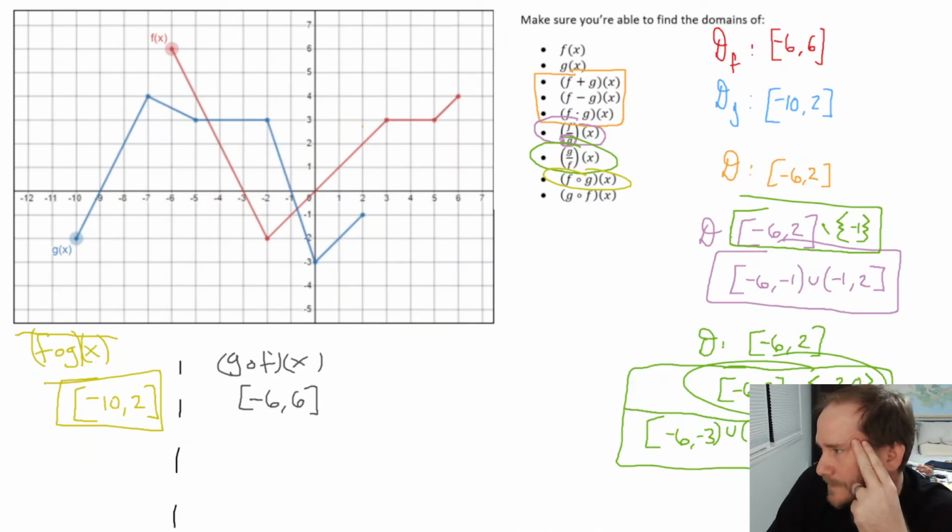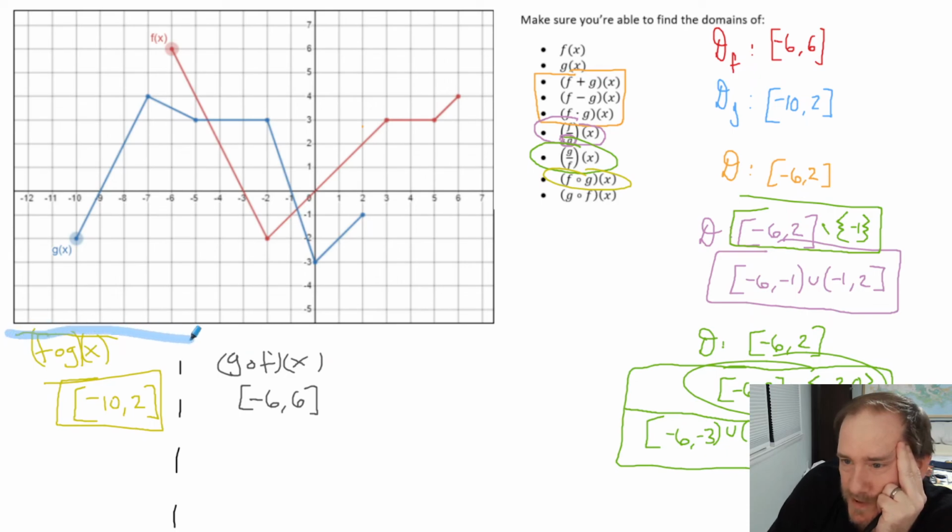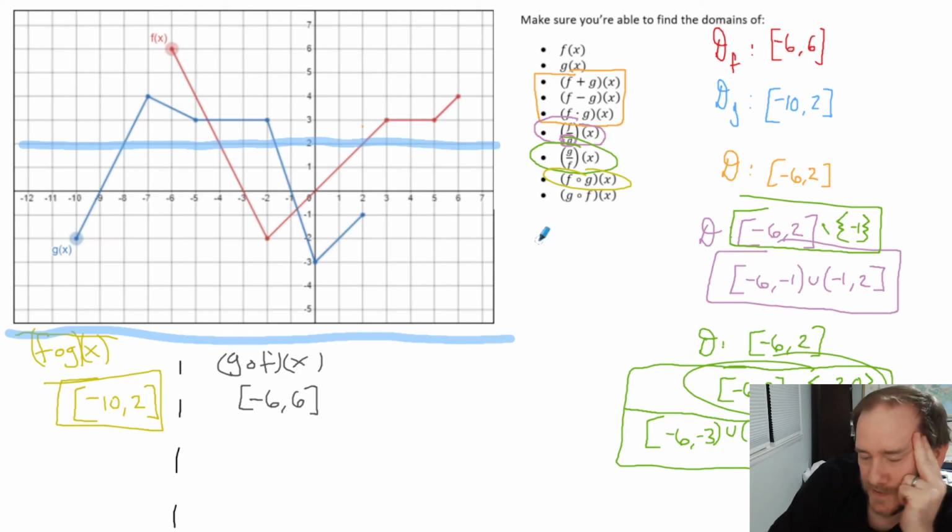All right, so function G. Function G doesn't want any values less than negative 10. We're clearly not getting that. Negative 10 is way down here. But function G doesn't want any values greater than 2 either. And suddenly, now we see that there is a whole interval on which function F does give us values that are greater than 2.